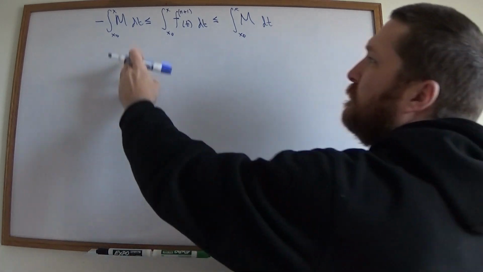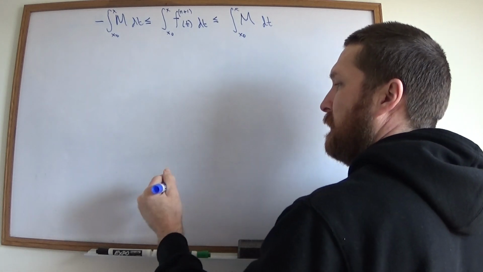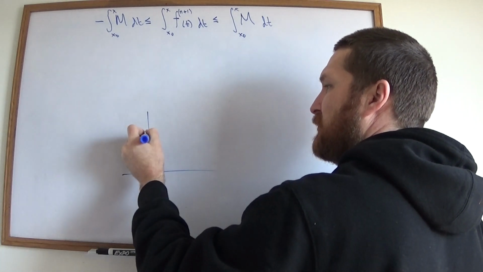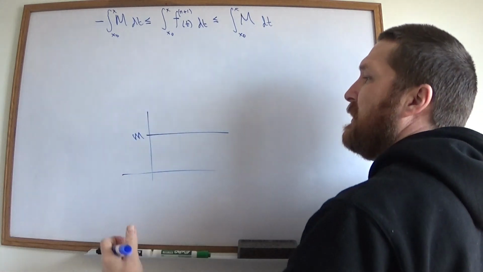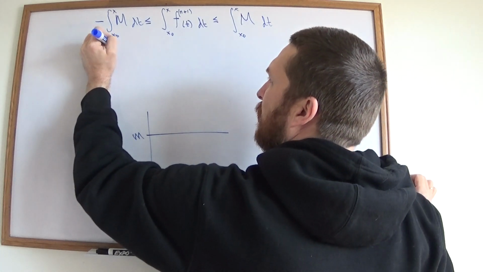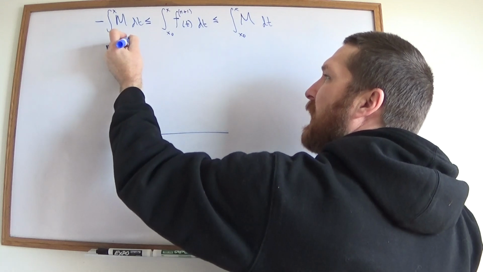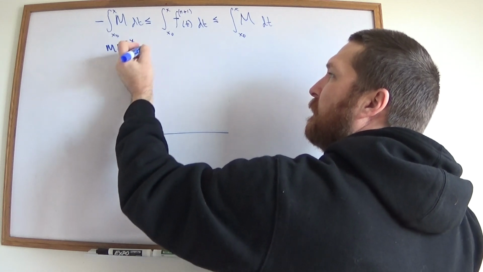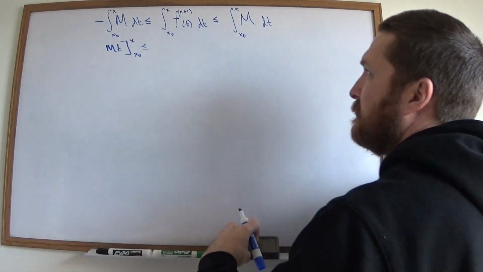Okay, so what's the antiderivative of m dt? Well, if m is just a constant function, its antiderivative would be mt, m times t. And then we're going to evaluate that up at x and down at x0. All right, one bit at a time here.